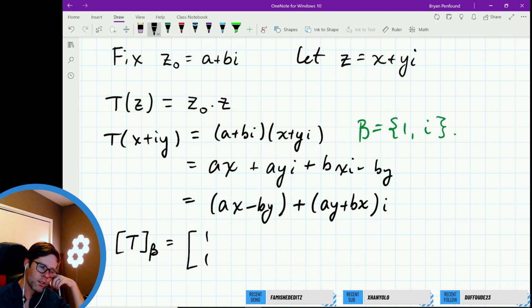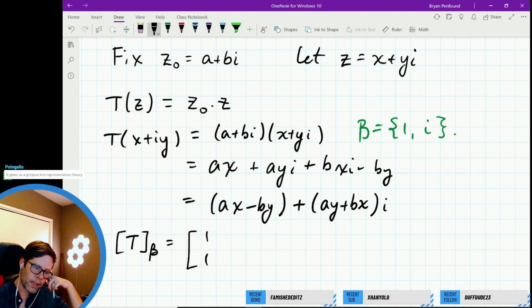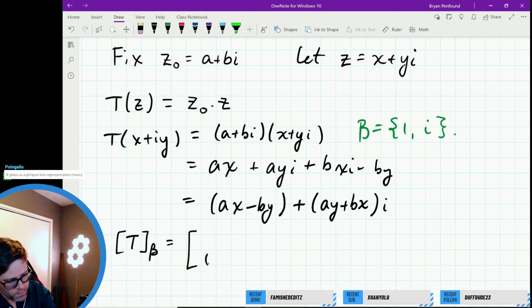And if I put y equal to 1 and x equal to 0, so if y is 1... Oh wait, did I do this wrong? I think I did this wrong. Okay, let's try this again.